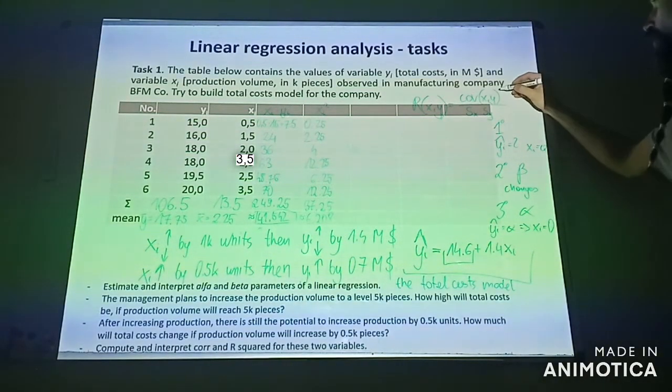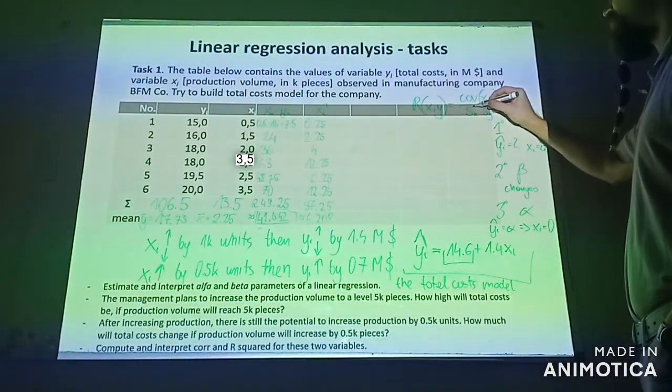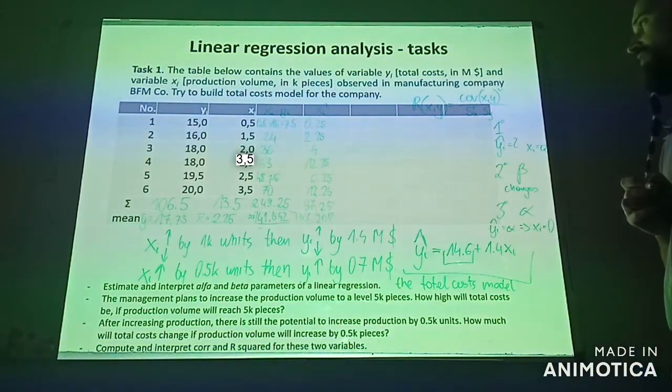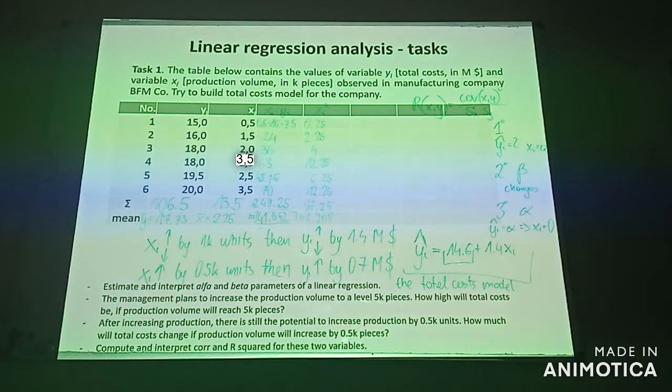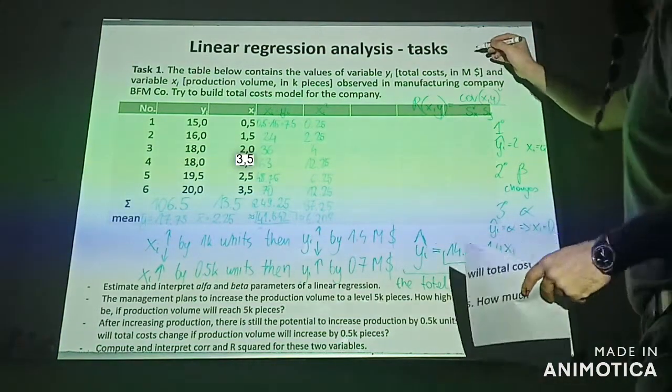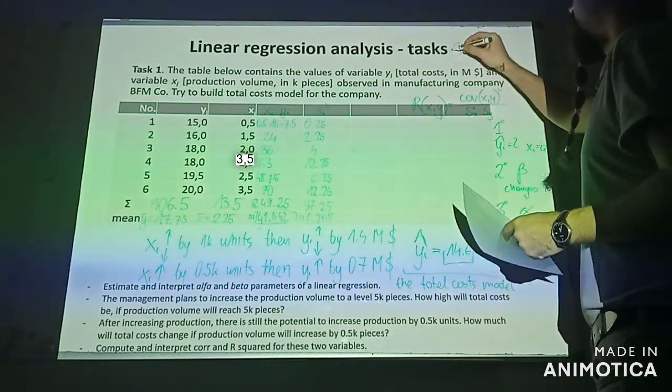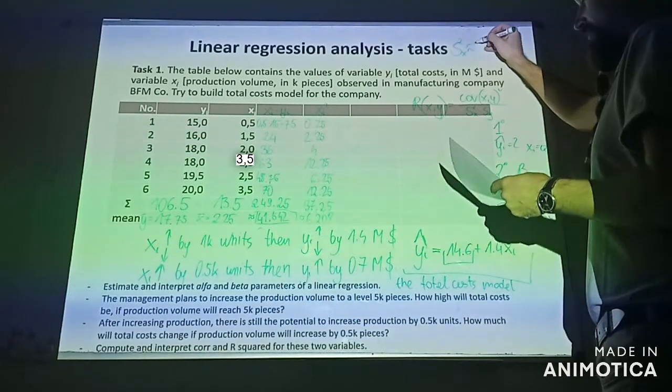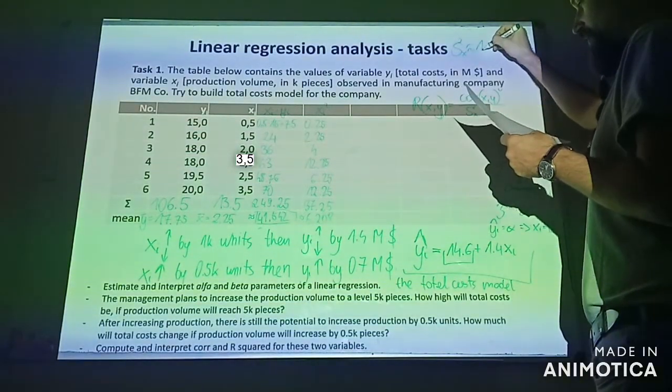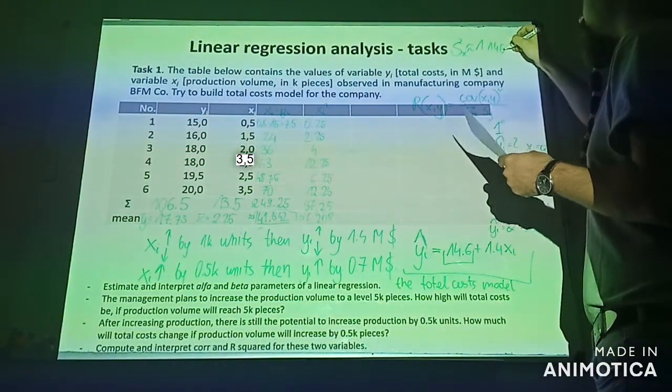We know the covariance. It's easy to find the standard deviation of production value, because we had a variance of x at the level of 1.146.